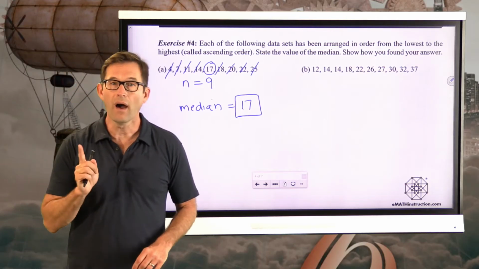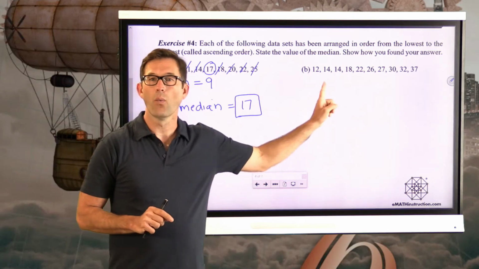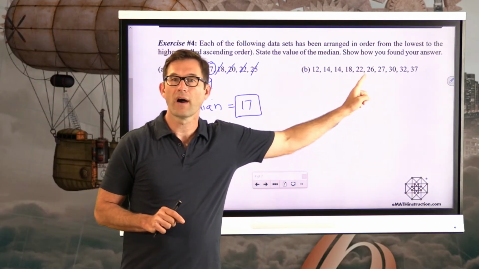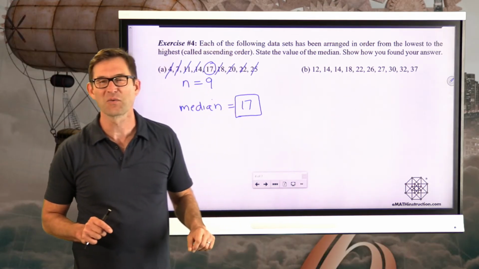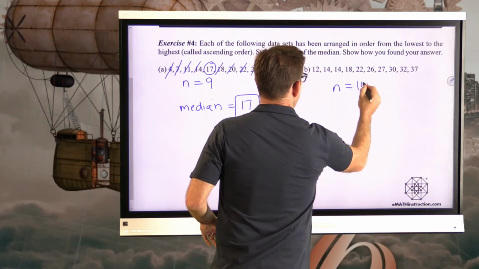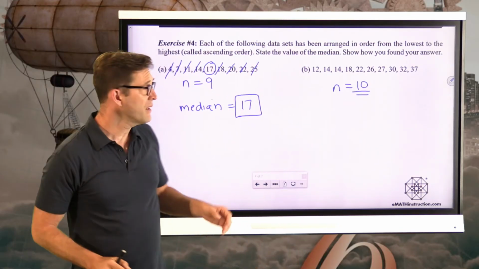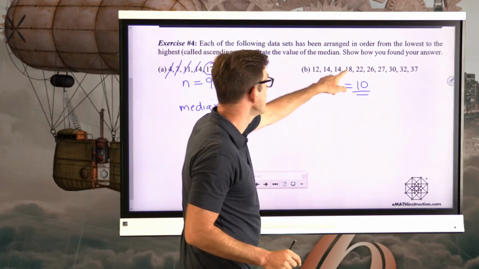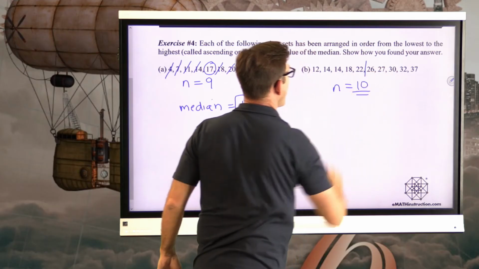Now, on the other hand, data set B has 10 data values. So there is no central number. But what I can say is there are 5 below and 5 above.